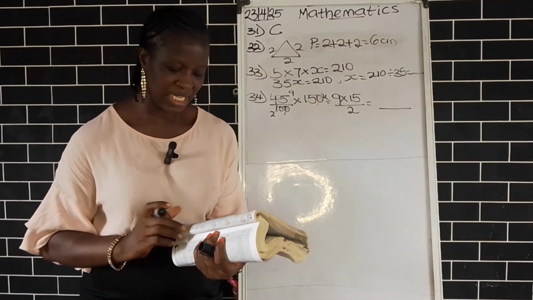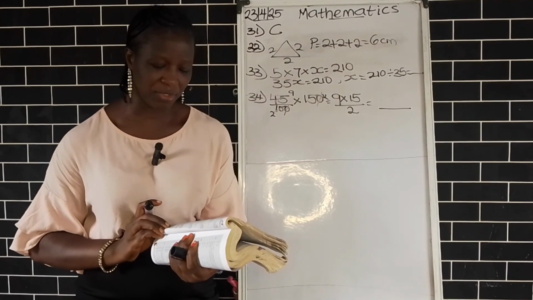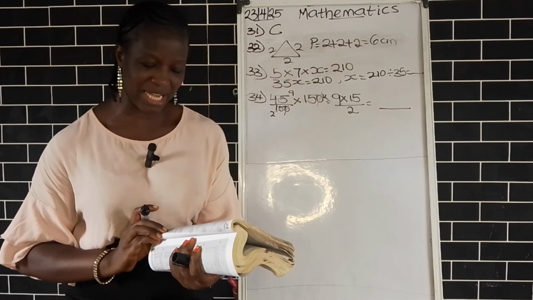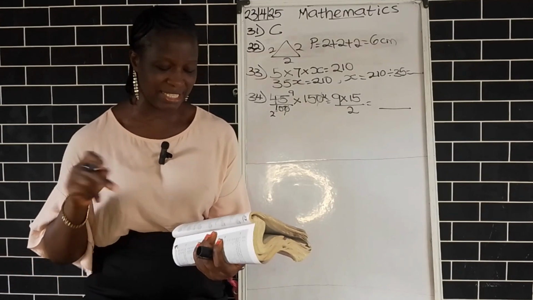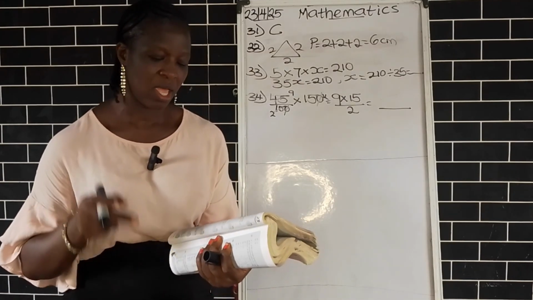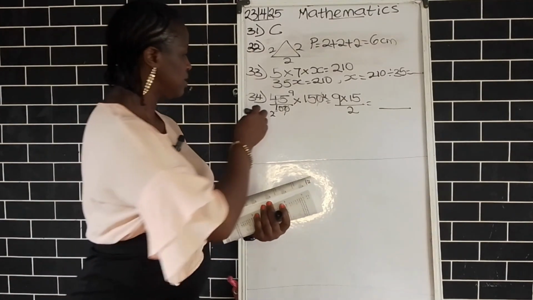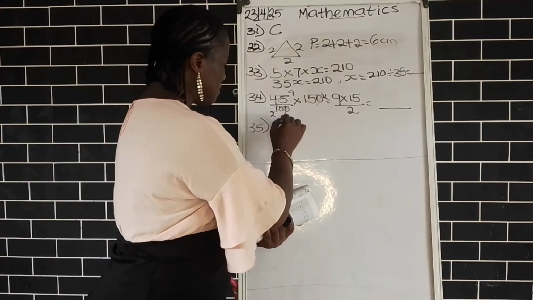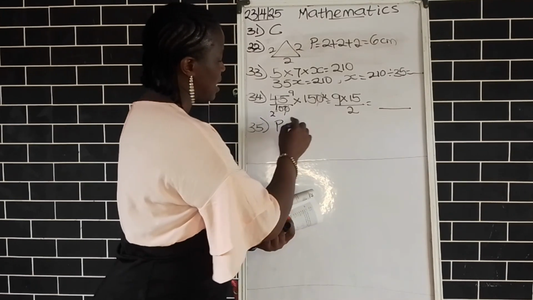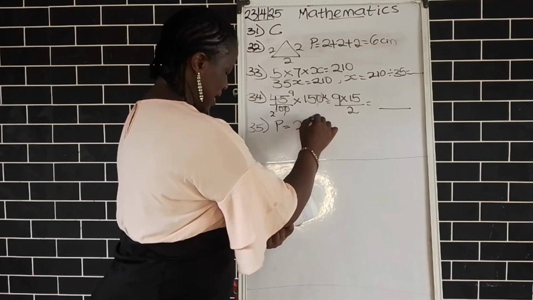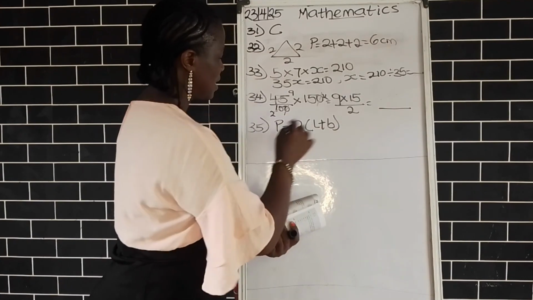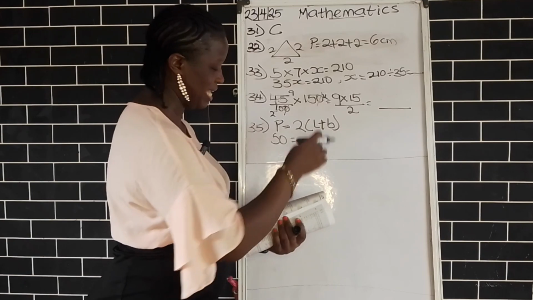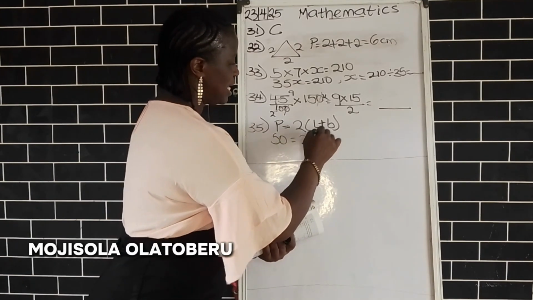Number 35 says the perimeter of the rectangle is 50 centimeters. If the length of the rectangle is 15, the length is given to us, which is 15 centimeters, what is its breadth? The formula for perimeter is P is equal to 2 brackets length plus breadth. They're giving us the perimeter here to be 50 and the length to be 15.